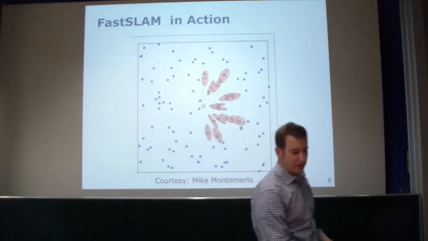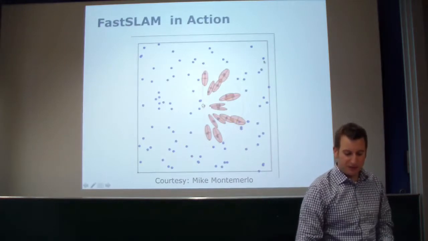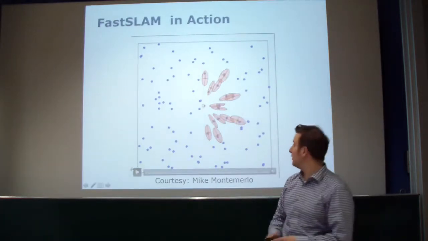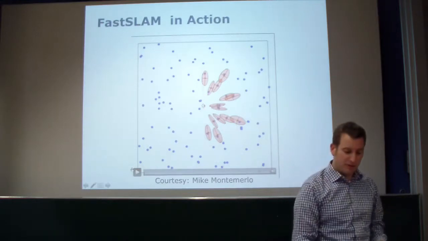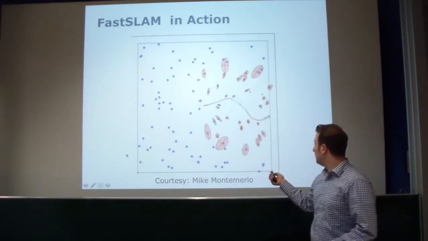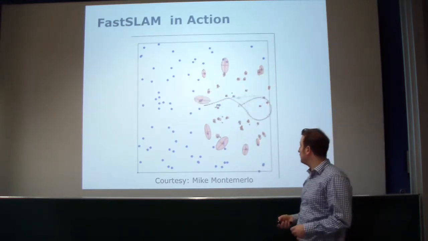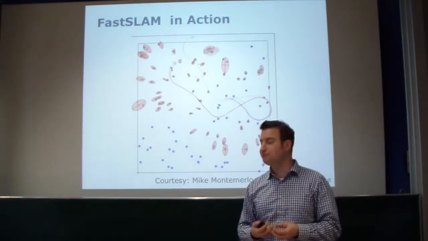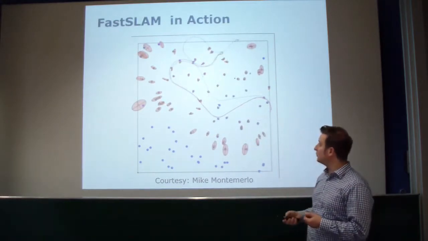We also showed a small video, provided by Mike Montemerlo, where you see the robot moving around. Okay, here we go. So we have the blue line, which is the ground truth trajectory, the red line, which is the estimated trajectory, and the dashed line, which is the odometry.